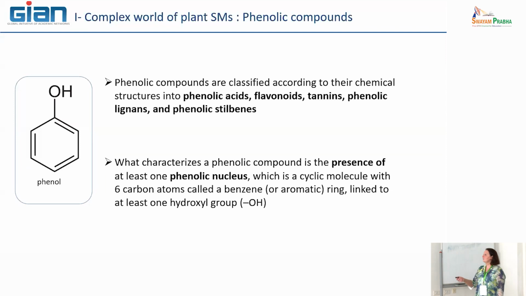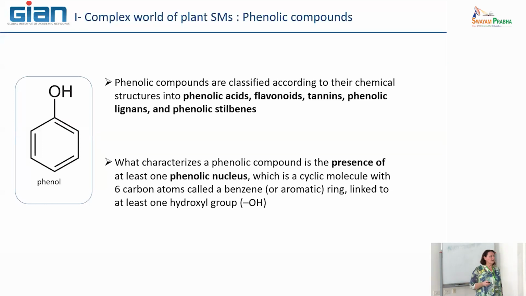ornamentation. And from this phenol, you can synthesize all the polyphenols that you can identify. Here are the different types of polyphenol, such as flavonoids, tannins, phenolic lignins, and also stilbenes that are mainly present in grape, that are very important.